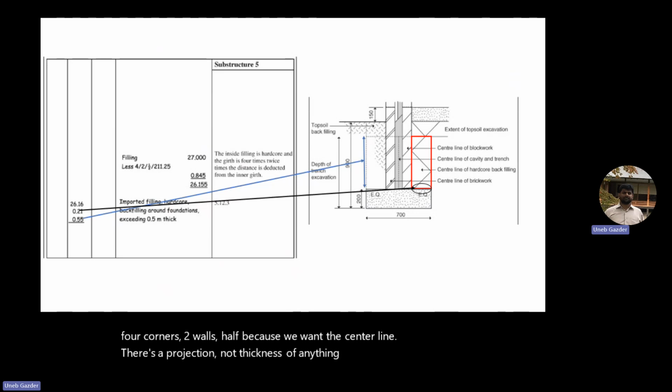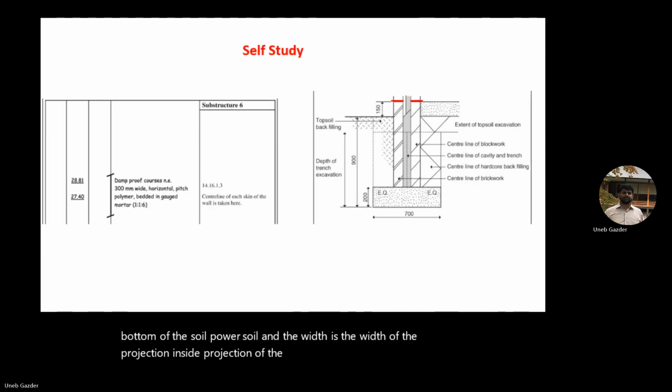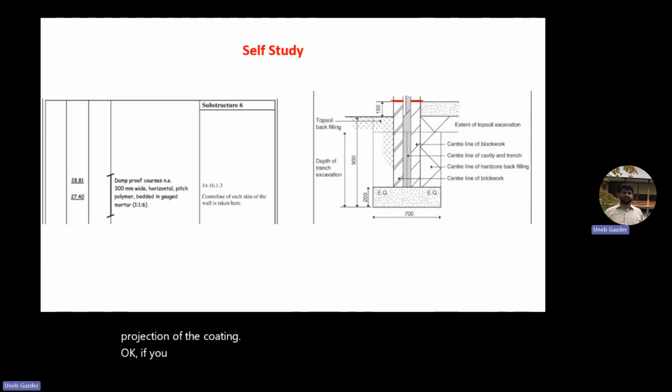Projection of the footing inside. And you add them with the internal, you get the total length for the hard core. The height is from top of the footing up to the bottom of the topsoil, and the width is the inside projection of the footing. If you have a footing which is unequal, you will take that one differently.